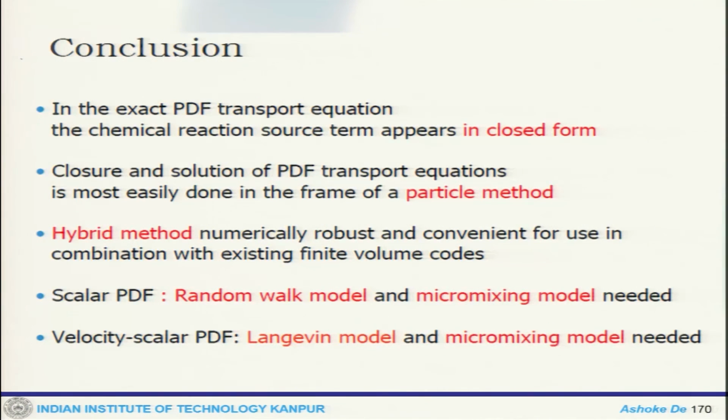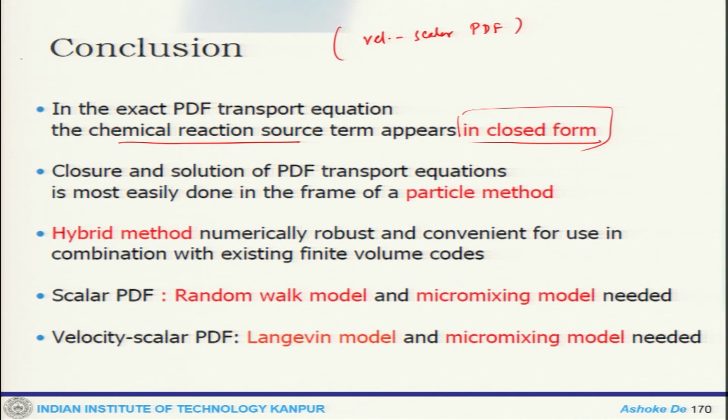So just to sum up the things for the velocity scalar PDF. In the PDF transport equation, the chemical source term is in closed form. That's the biggest advantage, which is true for both scalar PDF and velocity scalar PDF.